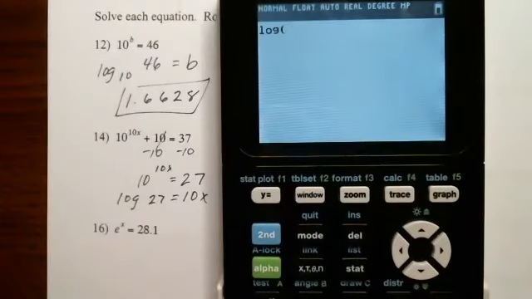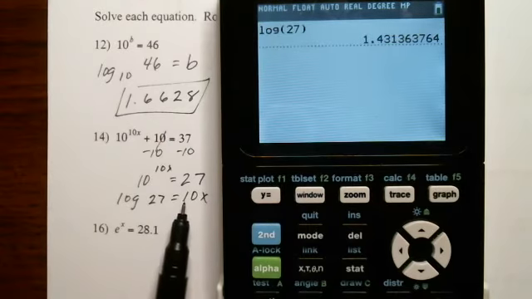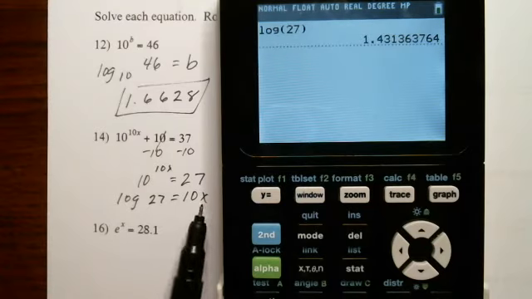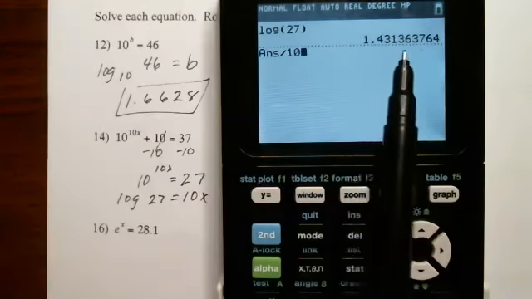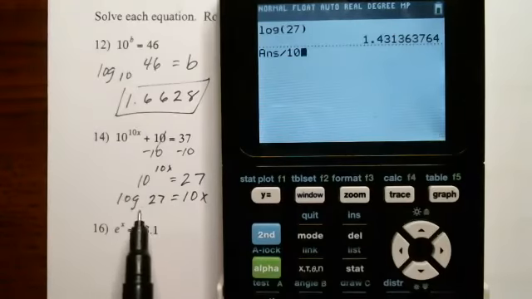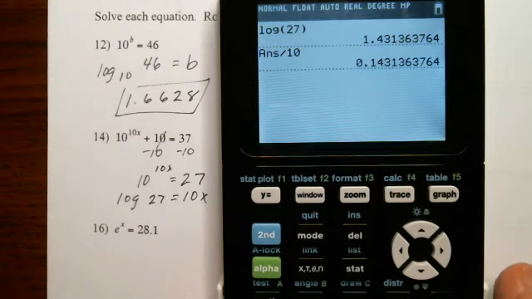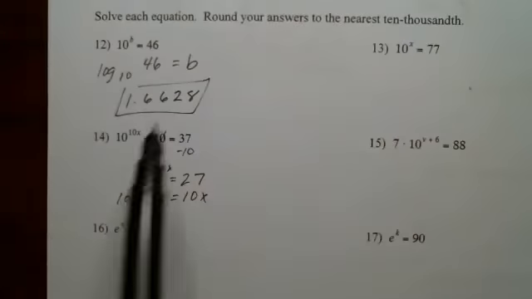So I'm going to say log of 27 and get 1.43, but I know I'm going to have to divide by 10 in order to isolate that x. It'd be a hassle to write all that down, so we just do it all in one step, and we get 0.1431.